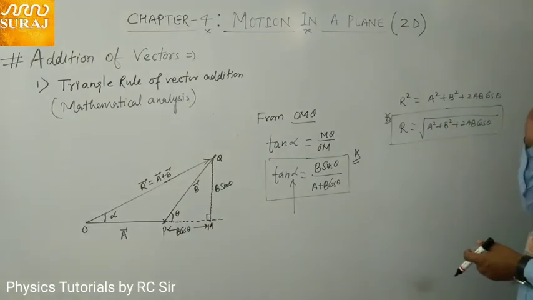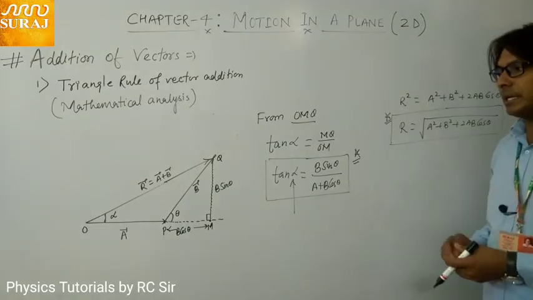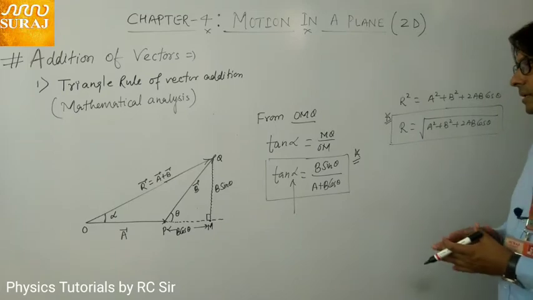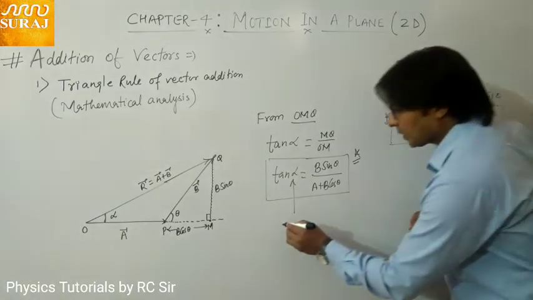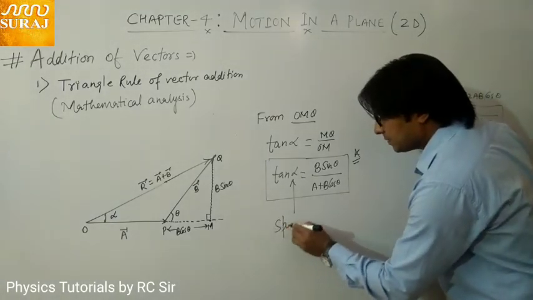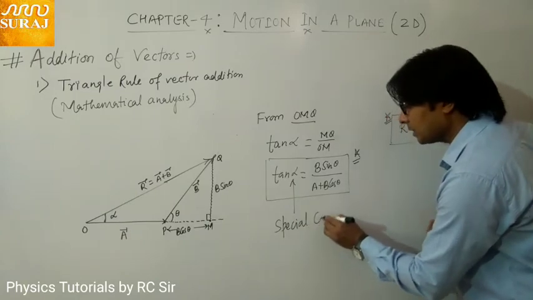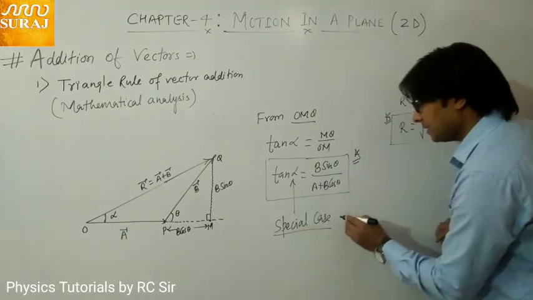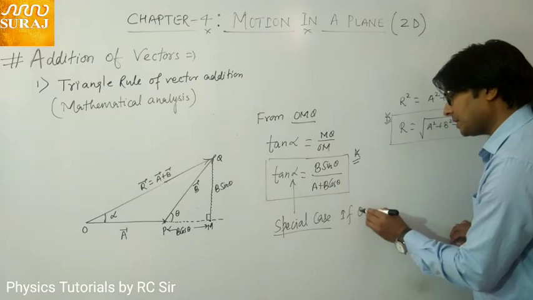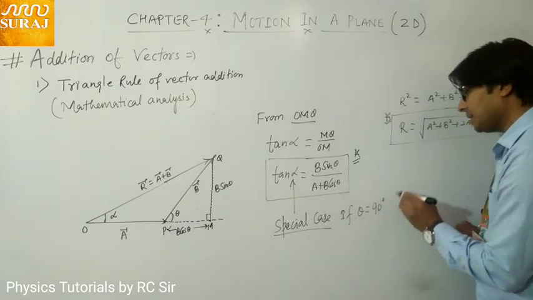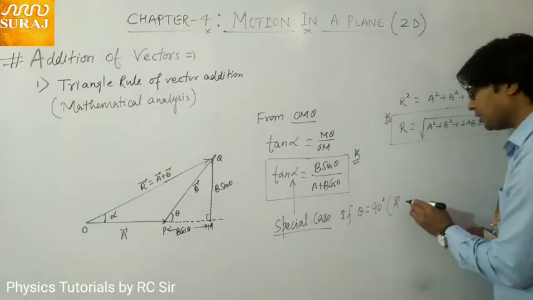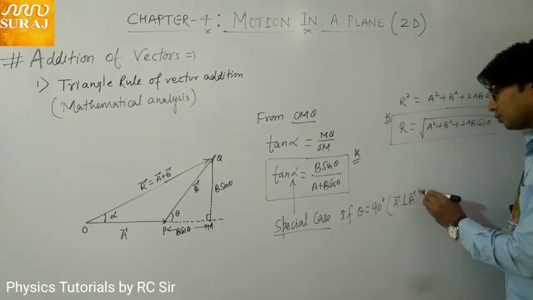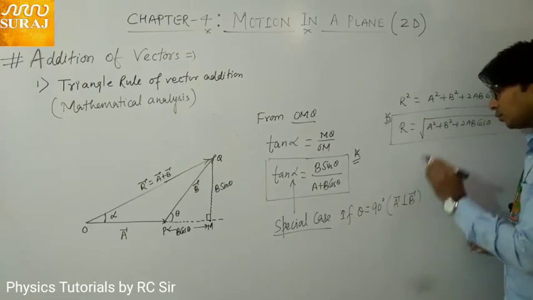Suppose A vector and B vector make a 90-degree angle, a special case. If theta is 90 degrees, what does it mean? A vector is perpendicular to B vector. So how would this formula change?